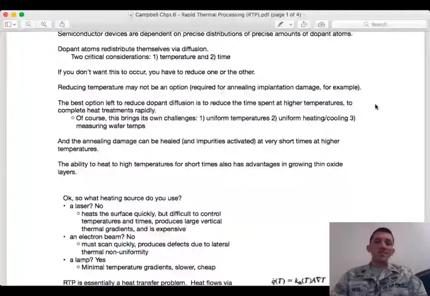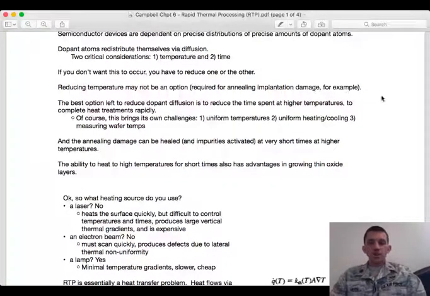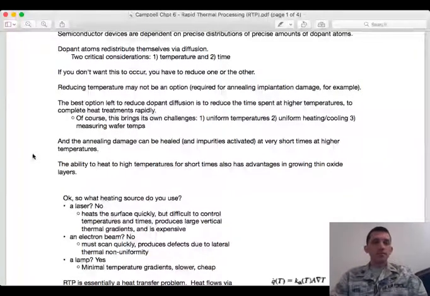So we need to increase the temperature to heal that implantation damage, but we don't want to have the temperature high enough for long enough that we get diffusion and redistribution away from the dopant distribution that we intentionally created.